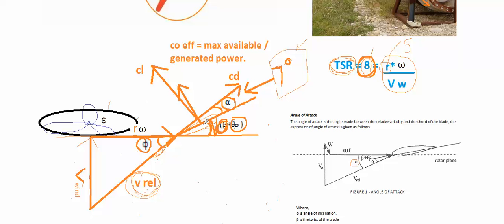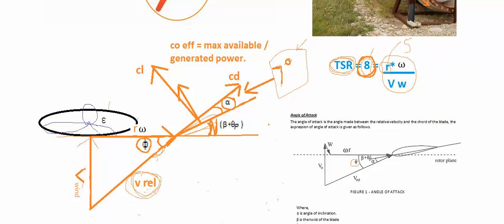So accordingly, we have to change the pitch angle theta p in order to compensate for the change in angle which is caused due to change in tip speed ratio, that means change in angle of inclination. So it will become clearer when we draw the triangle.